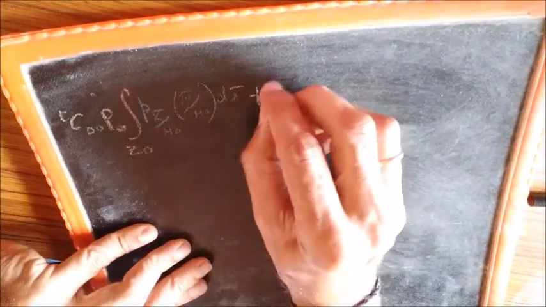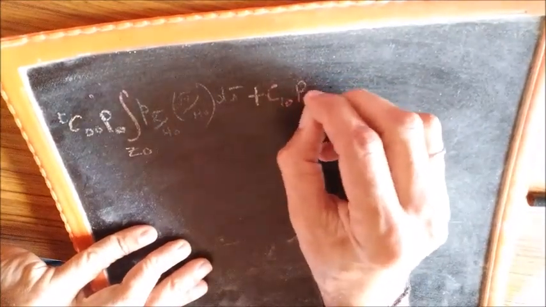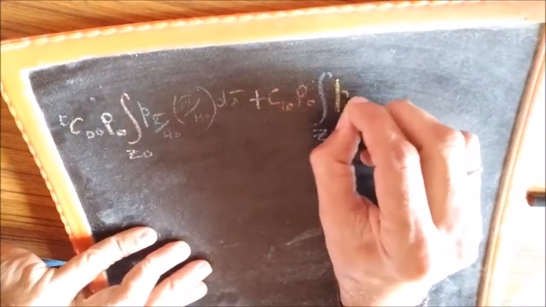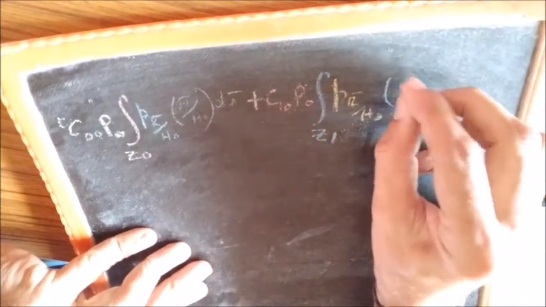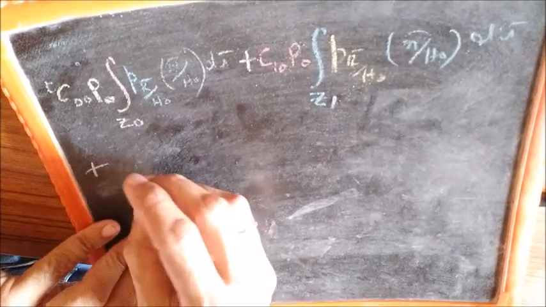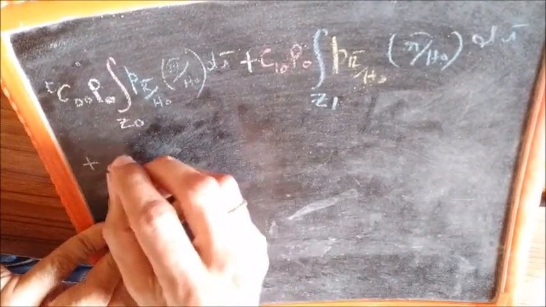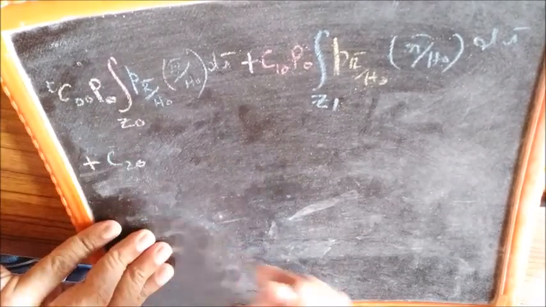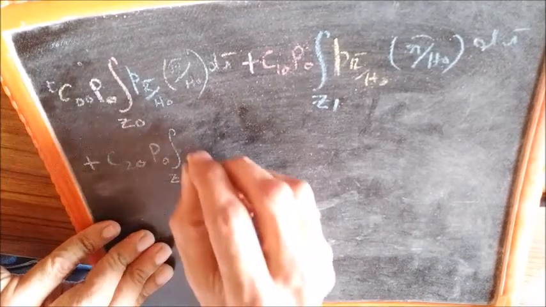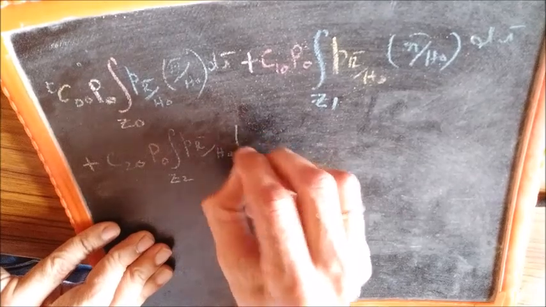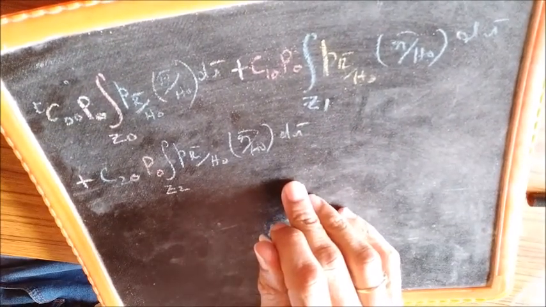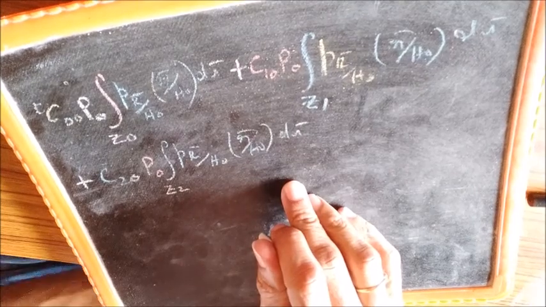plus C10 P0 integration over Z1 PR H0 R H0 dr plus C20 P0 integration over Z2 PR H0 R H0 dr. So till this point we have expanded j from 0 to 2.